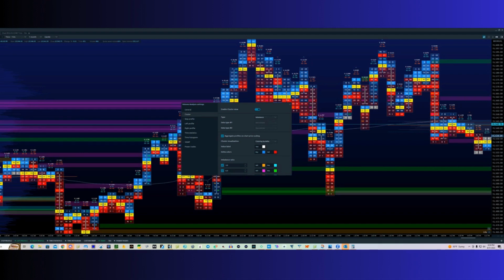Now, real quick, delta is basically market buys subtracted by market sells, and then you're going to get a positive or a negative number. So if there's a positive delta, there can be negative delta, and so forth. And then that's when you can start implementing cumulative delta and all that stuff into your trading.